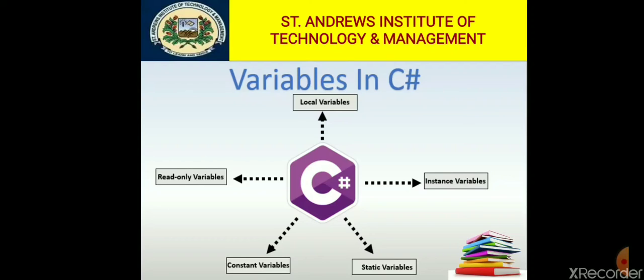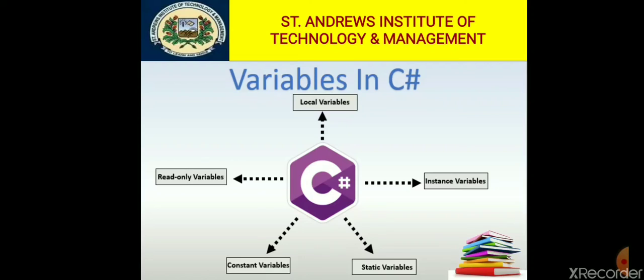The second one is static variables. Static variables are variables which retain their value throughout the program, like a constant. So there is only one copy of a static variable for all instances of a class, because the value retained is the same throughout the program.